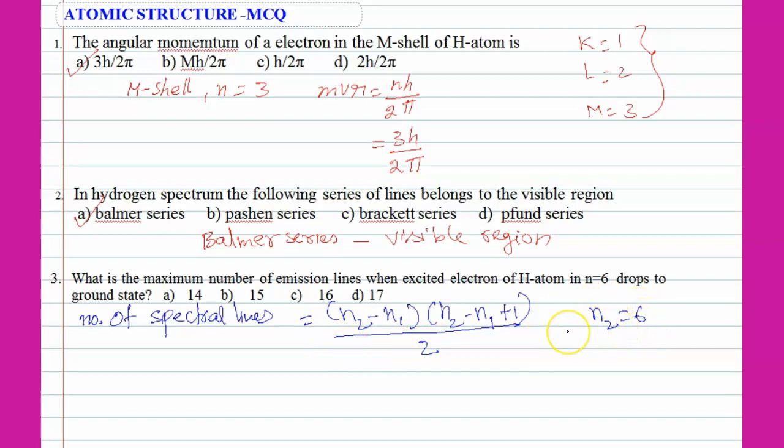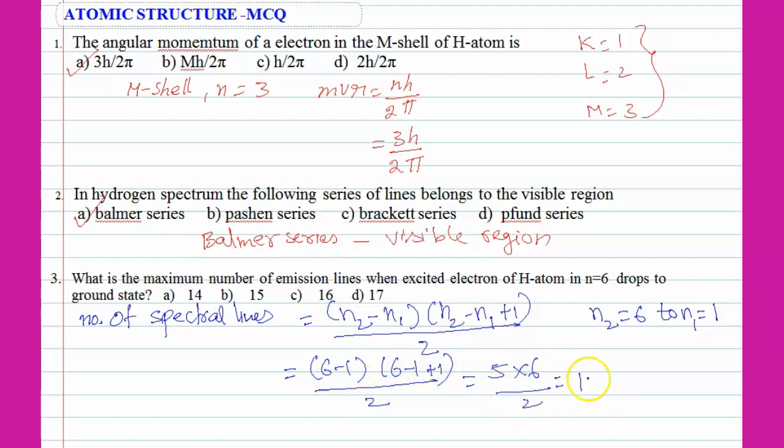The electron is coming from n equal to 6 to n1 equal to the ground state, which is 1. So substitute these values: (6 minus 1) into (6 minus 1 plus 1) by 2. 6 minus 1 is 5, 5 into 6 by 2 is 15.